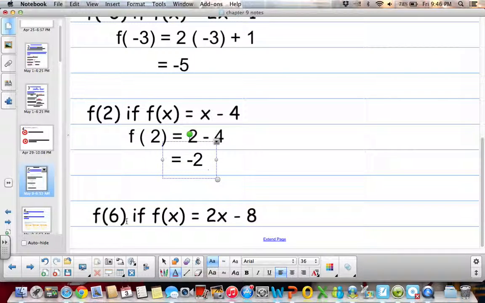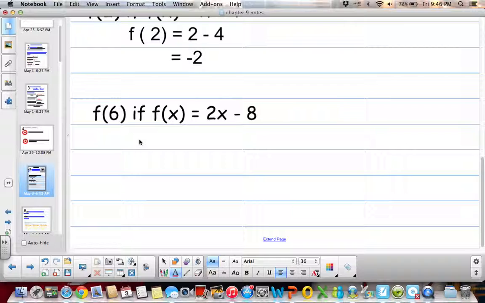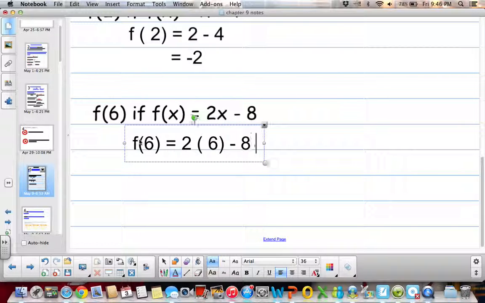Pause me and do this one really fast. f of 6, if f of x equals 2x minus 8. So we would do f of 6 equals 2 times 6 minus 8. 2 times 6 is 12, minus 8.